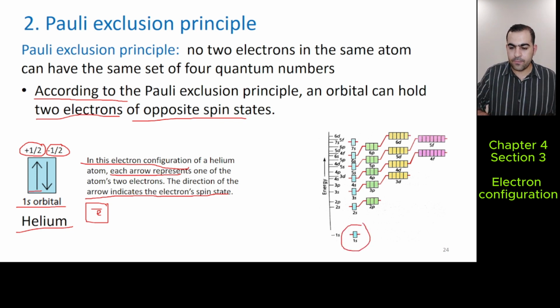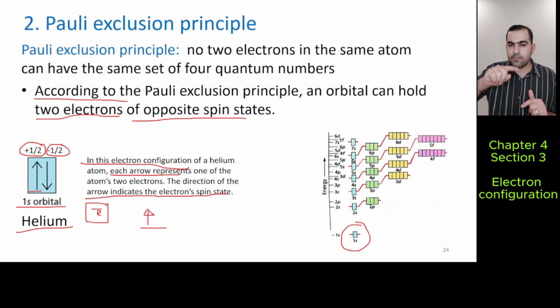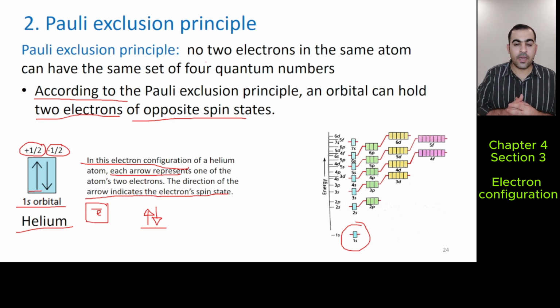If there is 1 electron, it must be what? Clockwise. So the electron of hydrogen here spins clockwise. The next one will be downward for helium. Helium has 2 electrons.